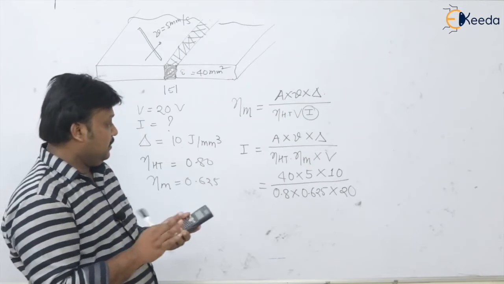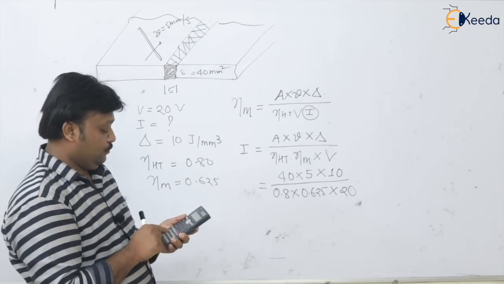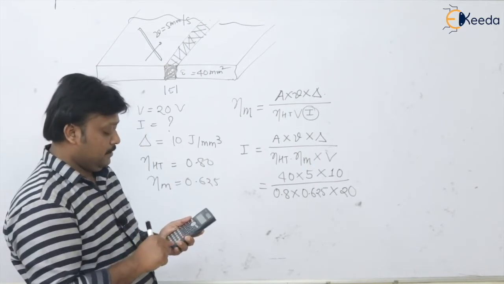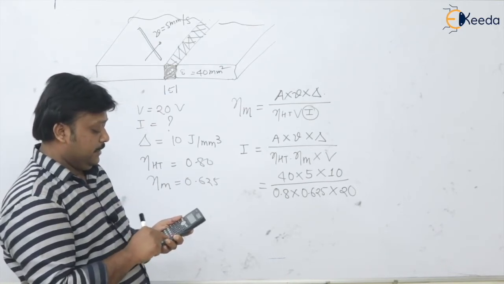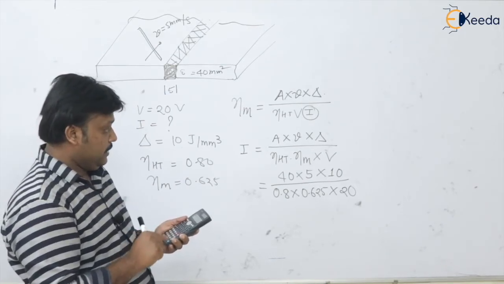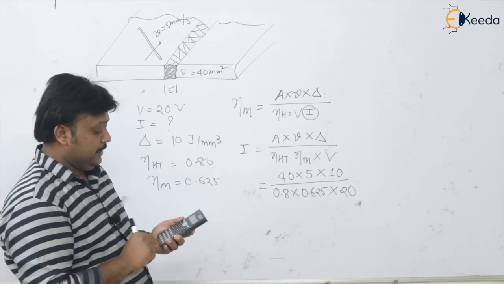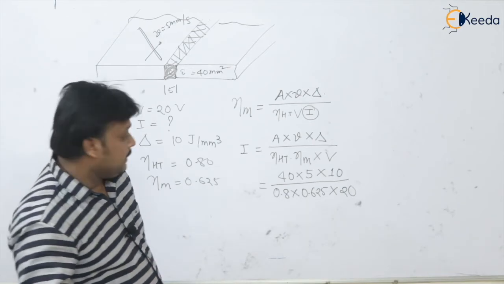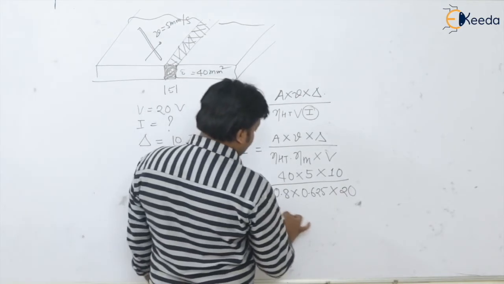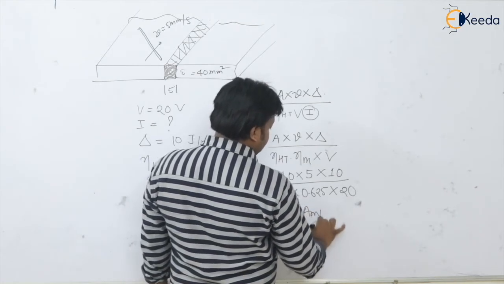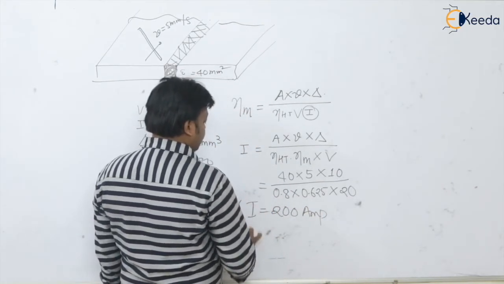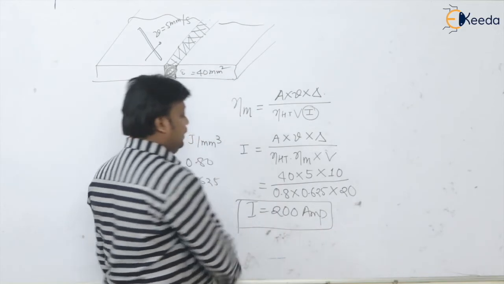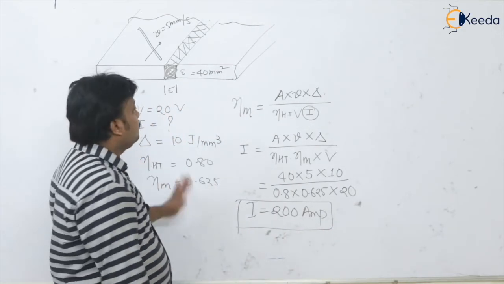Calculate and tell me the answer. 40 into 5 into 10 by 0.8 by 0.625 by 20. It is coming as 200 amperes. I is 200 amperes. I hope it is clear now.